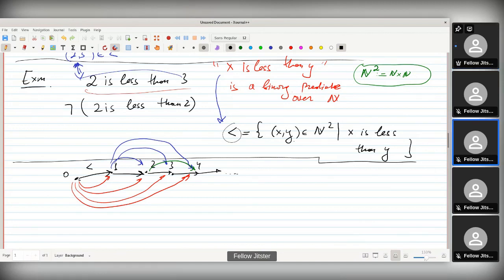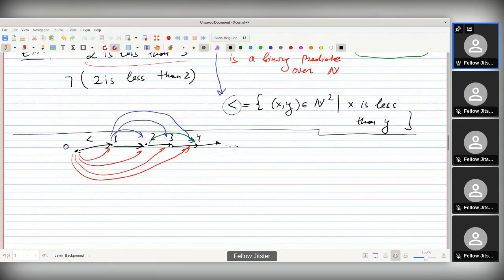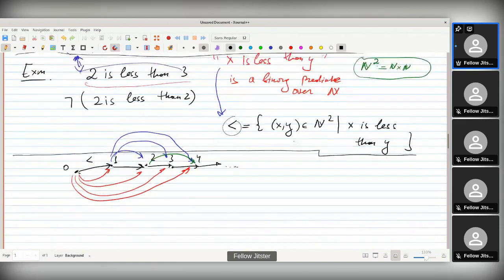Yes. Of course, it is infinite, and we have no ability to draw all these infinitely many arrows in a finite time. But nevertheless, this is a sketch. This should reflect the general idea of our relation.